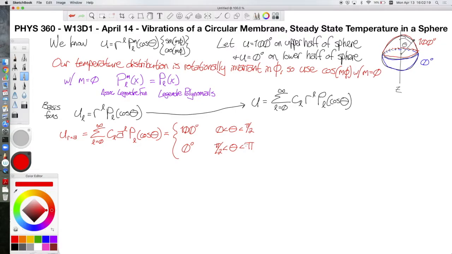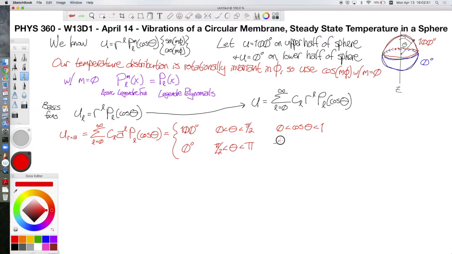But we can be clever and write this in a slightly different way, because the argument of our Legendre polynomials is the cosine of theta, not just theta. So we might want to write our limits in terms of the cosine of theta. And when theta is between 0 and pi over 2, that means cosine of theta is positive. So the cosine of theta between 0 and 1 means we're in the top half of the sphere.